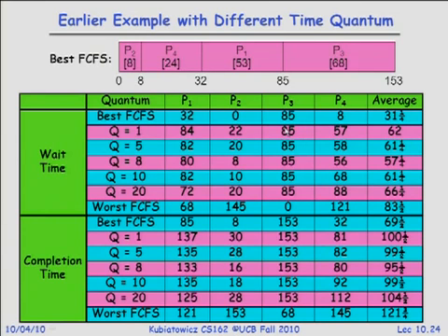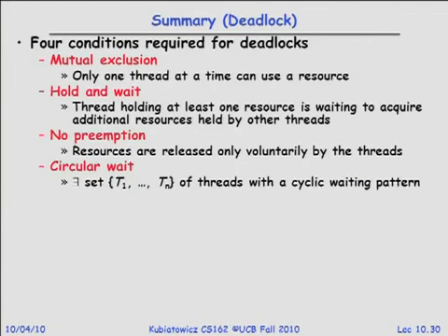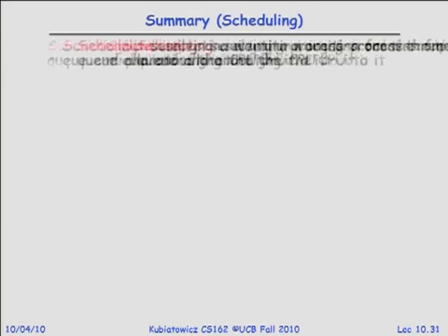Okay? All right, good. So in conclusion, did I have a deadlock summary? We talked about the 4 conditions: mutual exclusion, hold and wait, no preemption, circular wait. We talked about deadlock detection algorithm and deadlock prevention. On scheduling, this is basically selecting a waiting process from the ready queue and allocating the CPU to it.